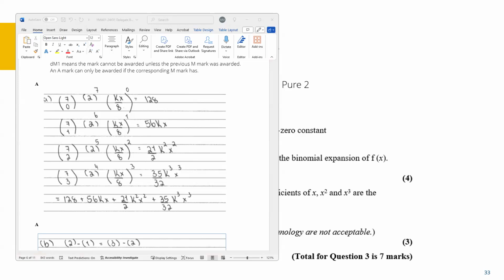So if we look at response A, which is on the screen there, do you want to put in the central chat any marks that you think? Based on that answer, how many marks should they get? Would they get all 4 marks, or 2, or 1, or none? What would you suggest? Anyone who would like to share on the chat facility here?